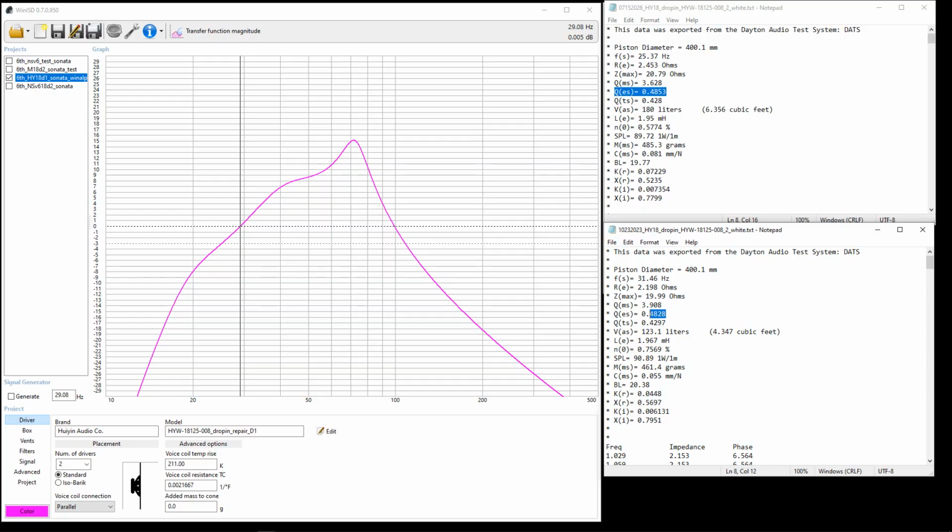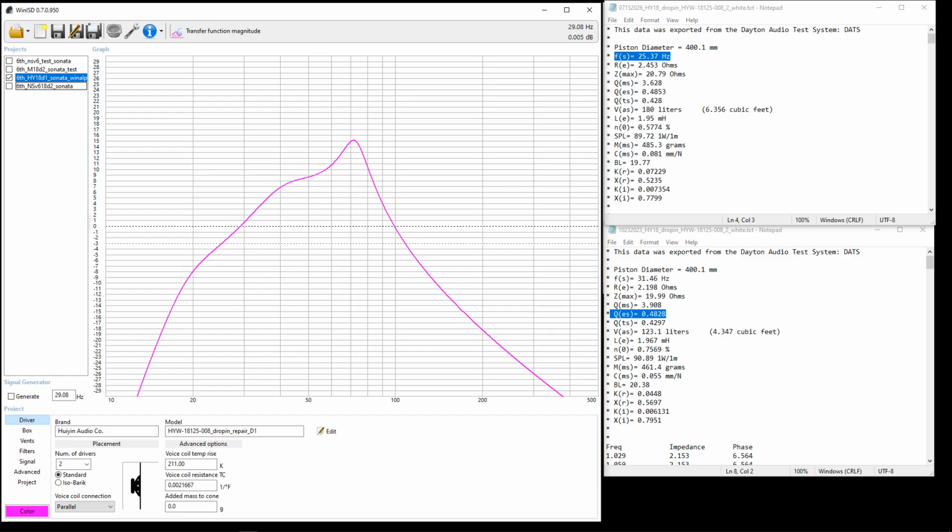Things like that can affect the Q, just the coil itself. So we know that hasn't changed. So that's good. Okay, so we've established that the parameters on this sub have not changed much in 3 years, except for the suspension and the overall FS of the sub, which is expected.